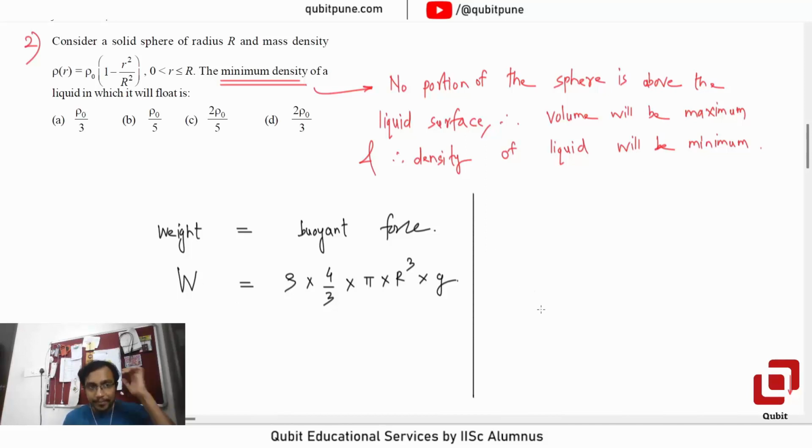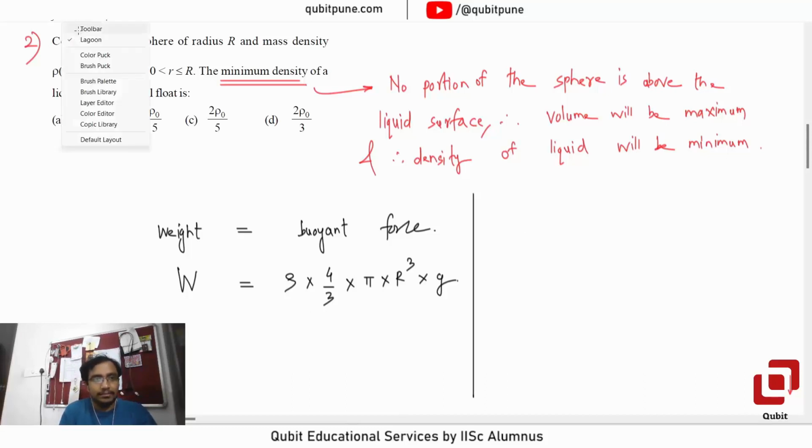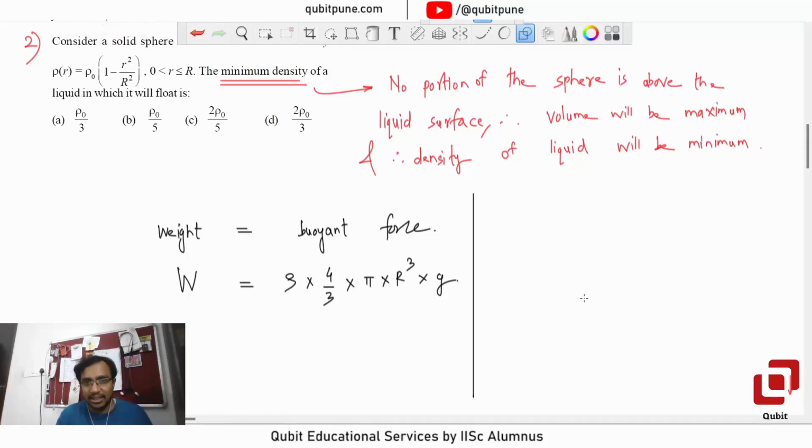Density is a variable, right? So suppose I consider a shell like this.